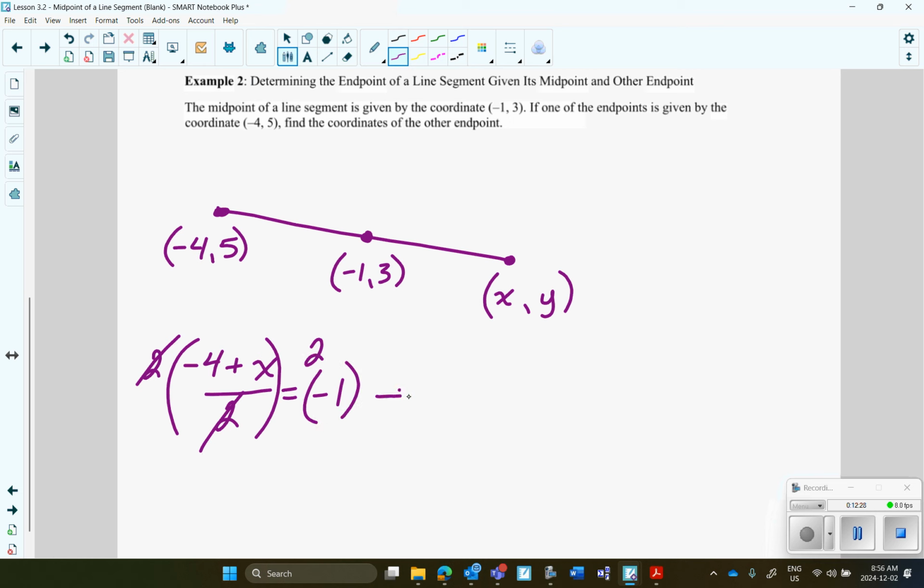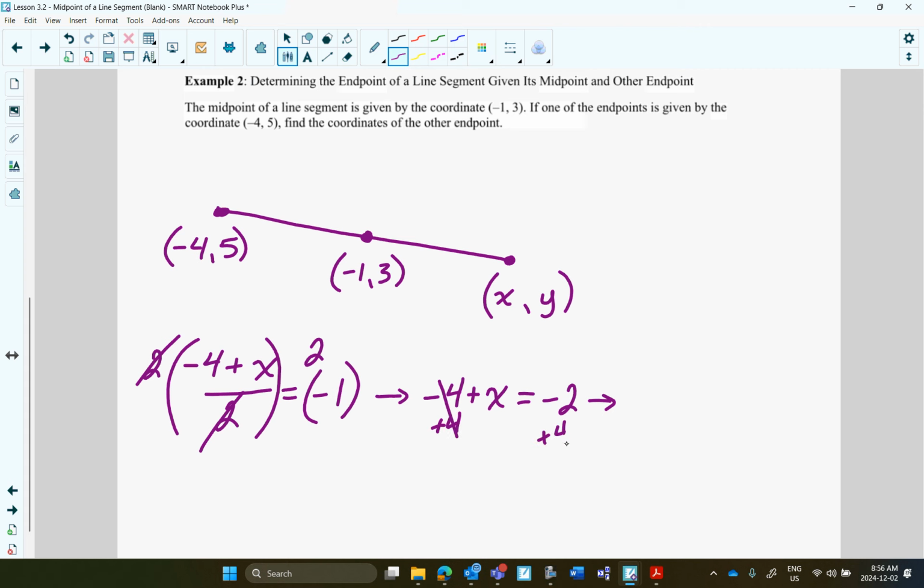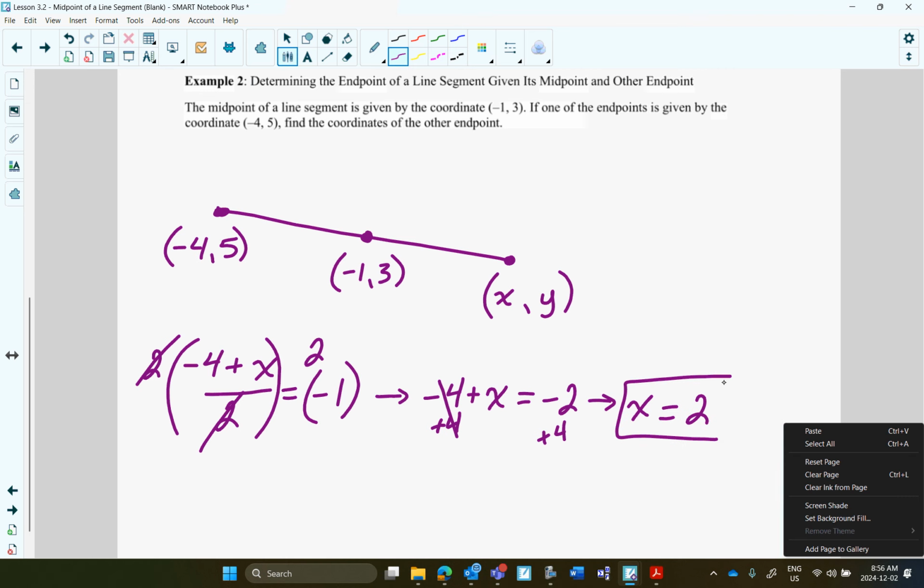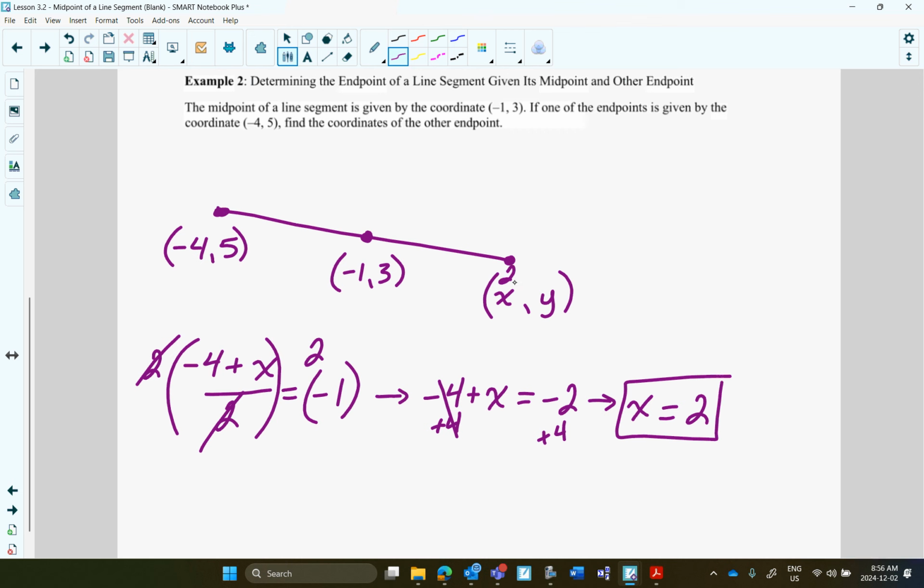What does the equation look like after you do that? -2. And now finish solving the equation. How do I get x by itself? Add 4 to both sides. So therefore, x is equal to -2 plus 4, which is 2. So this one is 2.